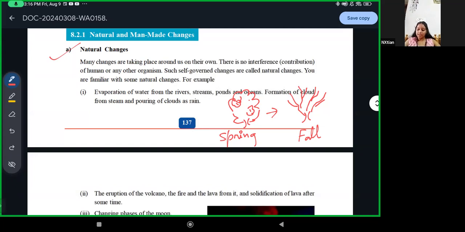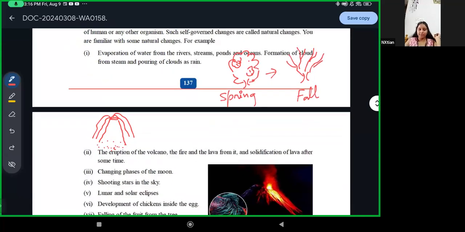So now what happens? There's a volcano, and inside the volcano there's lava in stones and rocks and things. So when this erupts and the lava comes out, it solidifies after some time.